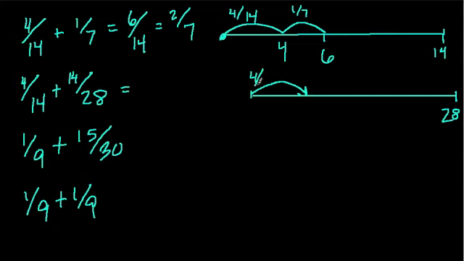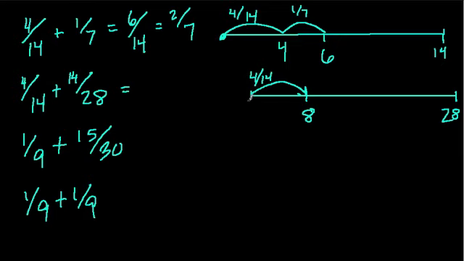When I hop up 4/14, well, 14, we're scaling out now to 28, right? So every time we scale up 1/14, we really hop up 2 places. So 14, and the reason is 14 does go into 28 twice. So we look at the numerator, each hop there will be 2 spaces.